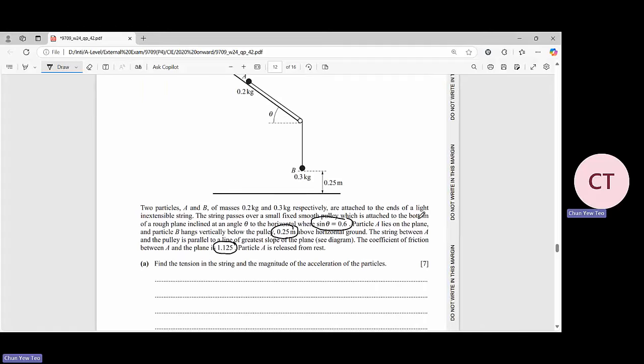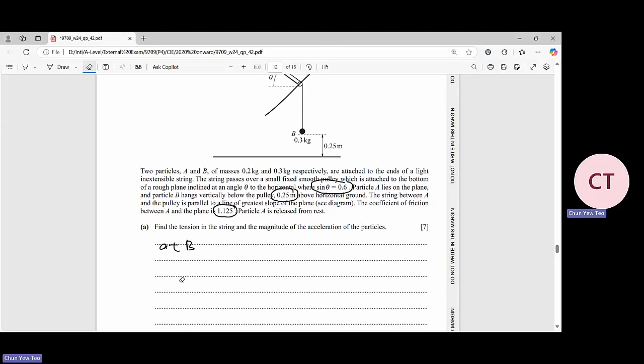So this one we need to separate them one by one, and then we consider them one by one. So right here we will consider B. If it's at B, the things will be easier because this one is T, this one is mg. So at B, maybe I just draw the diagram over here.